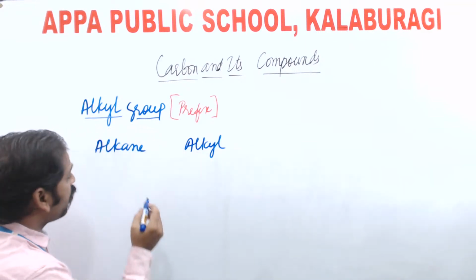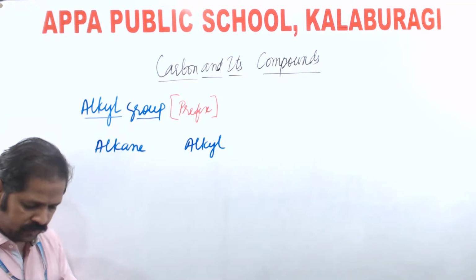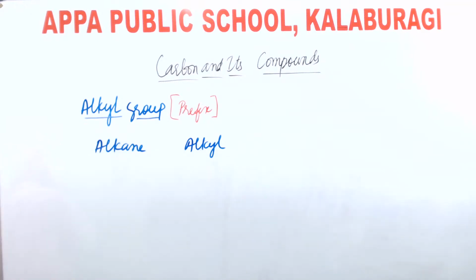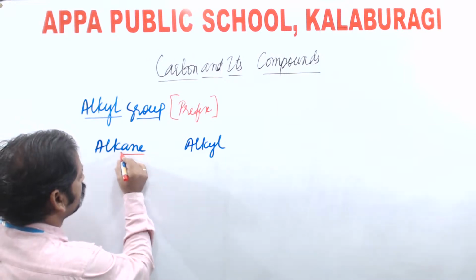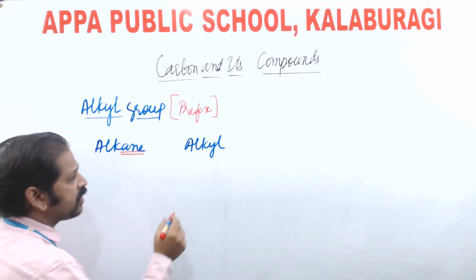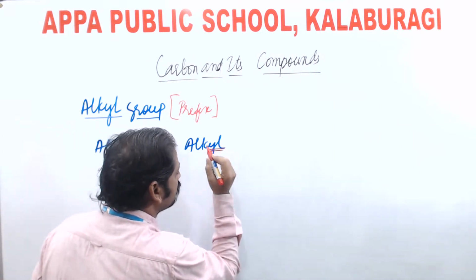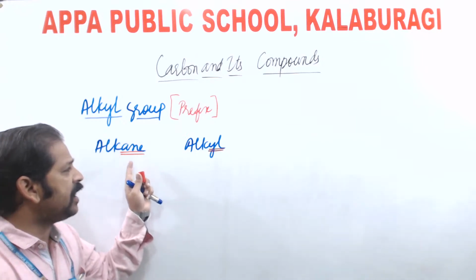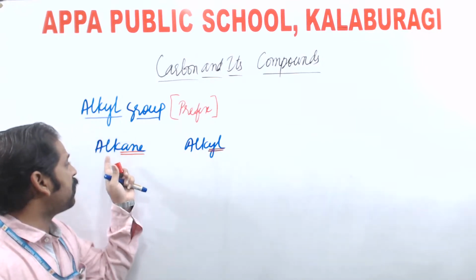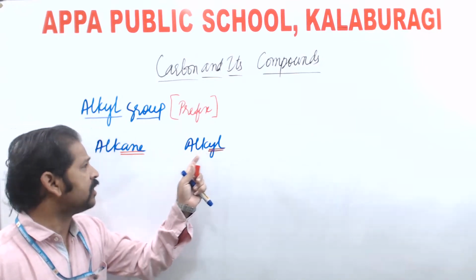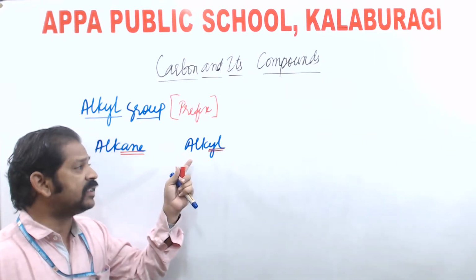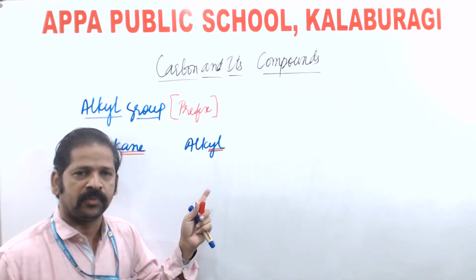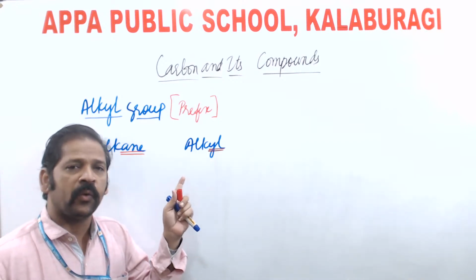See here, from A and E, they have removed A and E and added YL. From alkane to the group, it has become alkyl. Alkane is a full-fledged chemical. Alkyl is a functional group. I repeat, alkyl is a functional group.